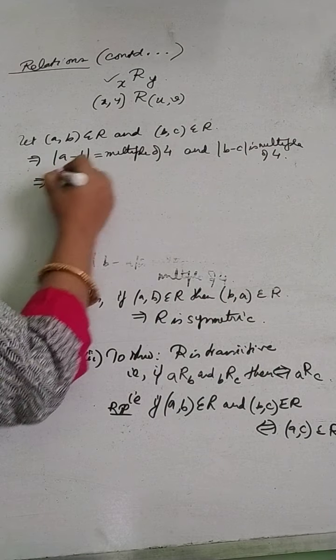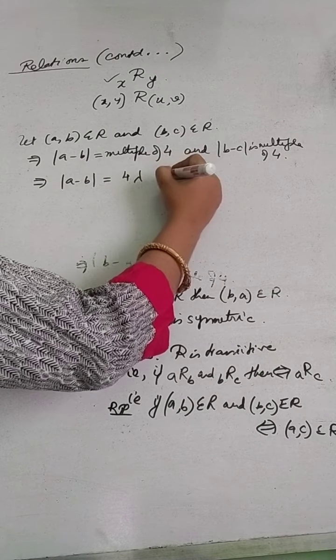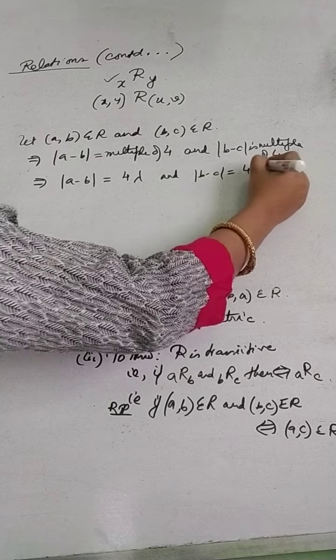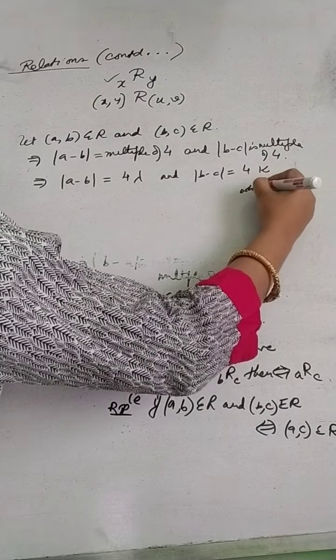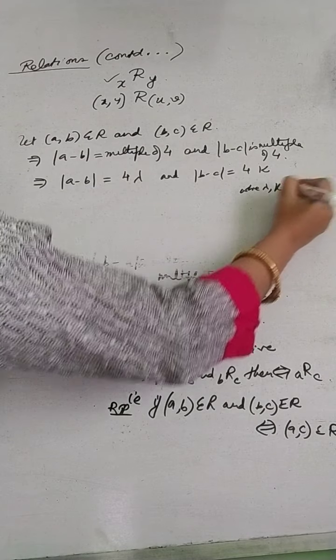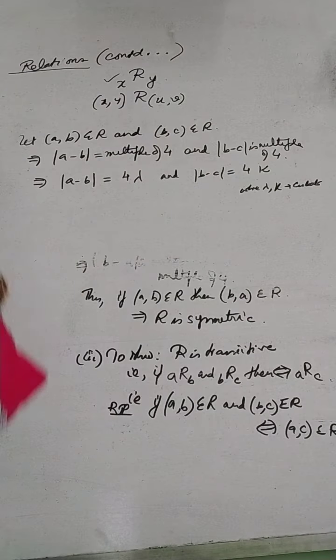In other words, suppose mod A minus B is 4 lambda and mod of B minus C is 4k for some other constant k, where k and lambda are constants. Okay, constants. And of course, you can also write that lambda, k belongs to W, whatever.